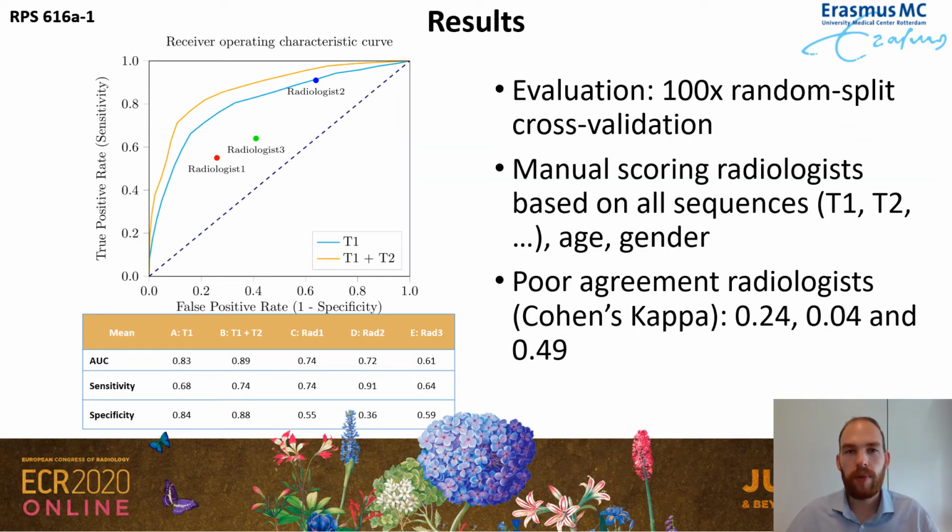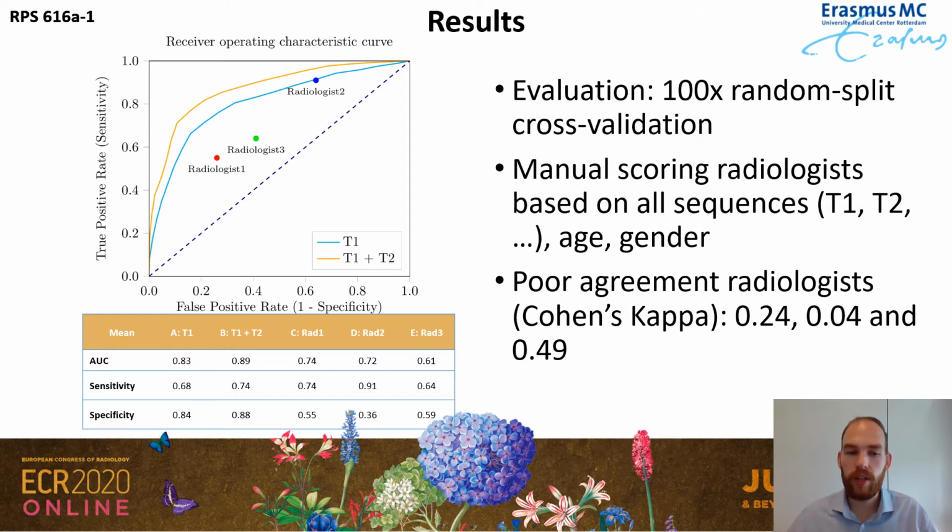So some results. In all these experiments, I used a 100 times random split cross-validation to make sure we separate the part that we train the model on and we test the model on. On the top left, you can see the ROC curve of our models. The blue curve is when we only use the T1 scan, and in the table you can see the exact performance.